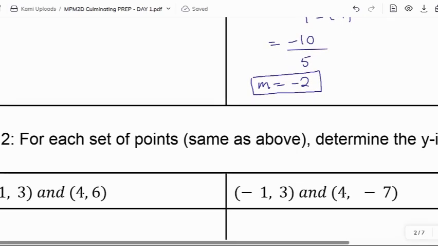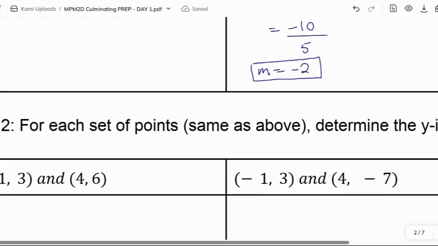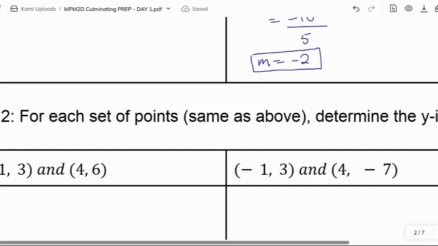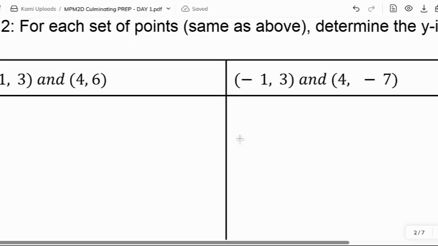So then I move on to the second step. The second step is to find the y-intercept, right? If I want an equation, I need the m and the b. So the m is the slope, got that. In order to find the b, for this step, we're finding the y-intercept. Well, I'll start out by writing the equation, but substituting in my m.